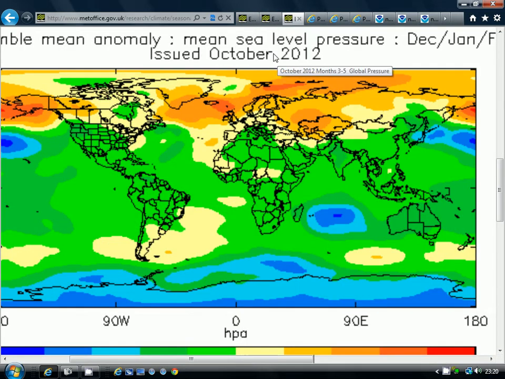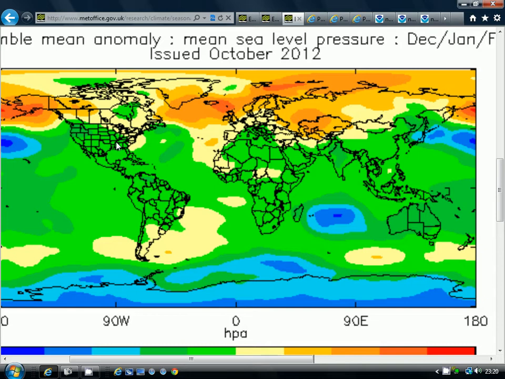I've already had a look at sea level pressure, so this is really surface pressure, and again it's going for much of the nation to have below average pressure. Much of the United States is forecast to have below average pressure, so this is quite a strange sort of update from the UK Met Office model. I'm not sure the signal is that convincing, to be honest. For the United States it's a much stronger signal for Europe and for Britain.